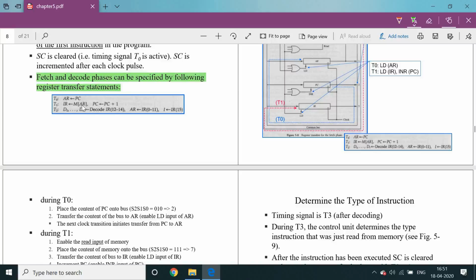AR is the address register. Inside it some binary values are there, and that binary value acts as an address.